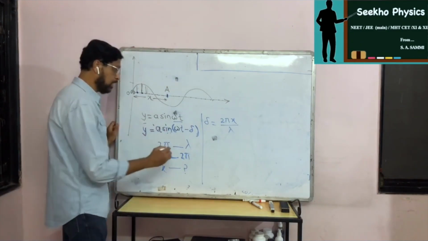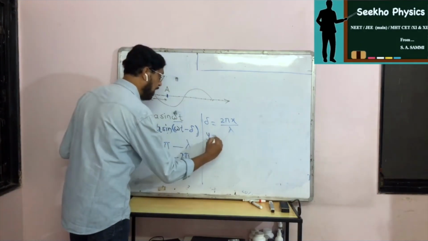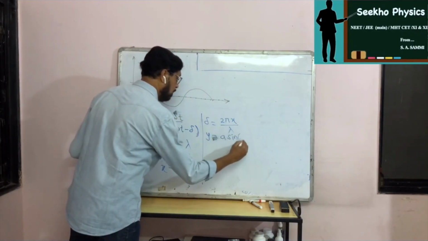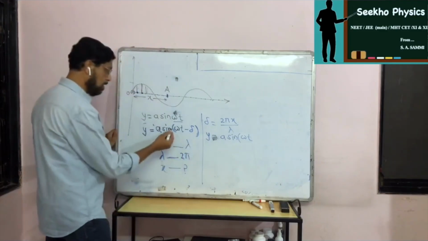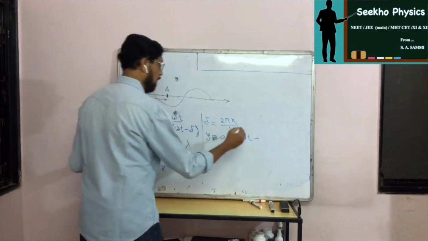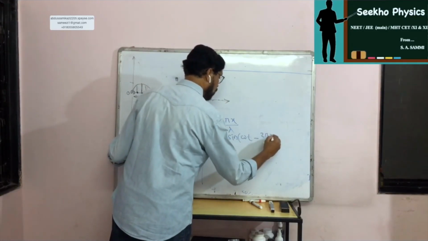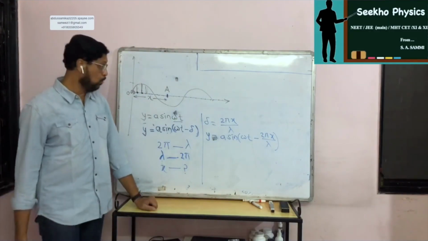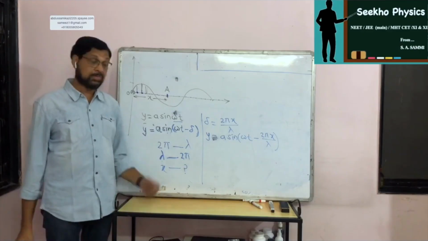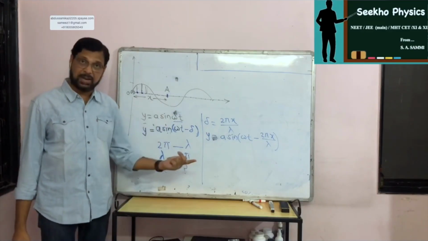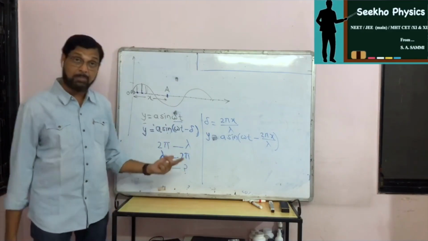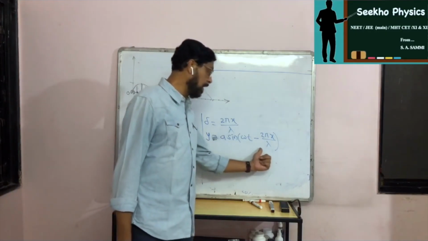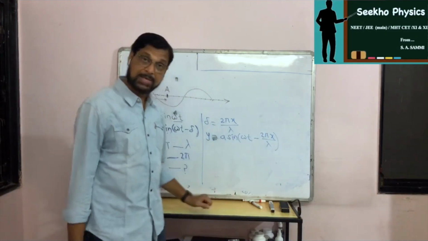So this equation now becomes y is equal to a sine omega t minus delta, which is 2 pi x by lambda. So the equation of this particle, in general, the equation of a simple harmonic progressive wave is given by y is equal to a sine omega t minus 2 pi x by lambda.